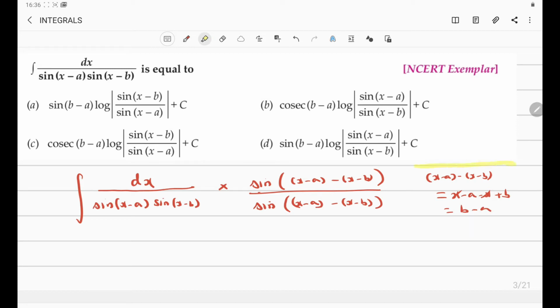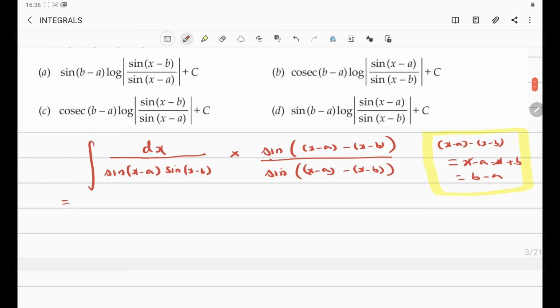So, the simplification of (x minus a) minus (x minus b) is nothing but b minus a, which is a constant. So, the denominator, sine of (x minus a) minus (x minus b), we write it as 1 by sine of (b minus a), and the numerator, sine of (x minus a) minus (x minus b), we will expand it using the formula sine of a minus b.